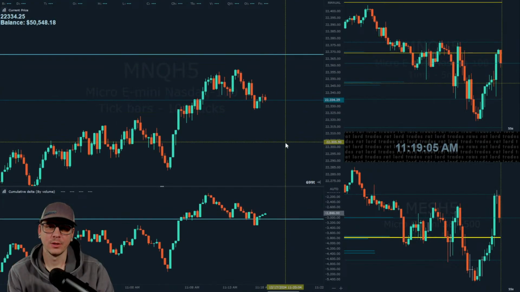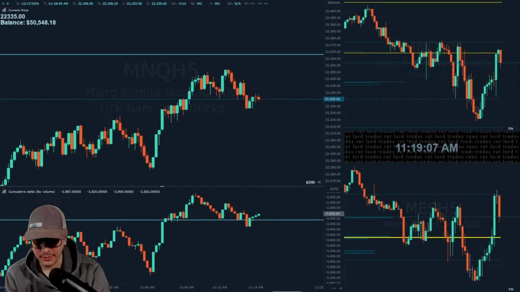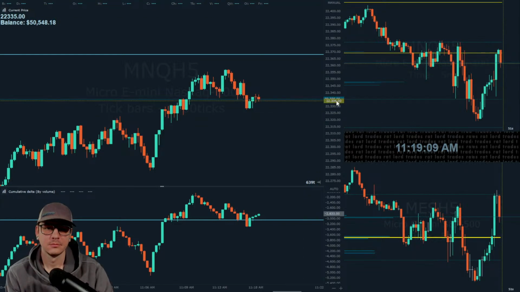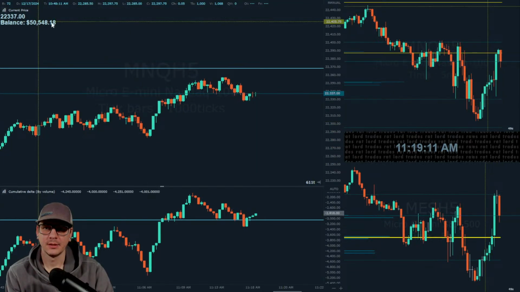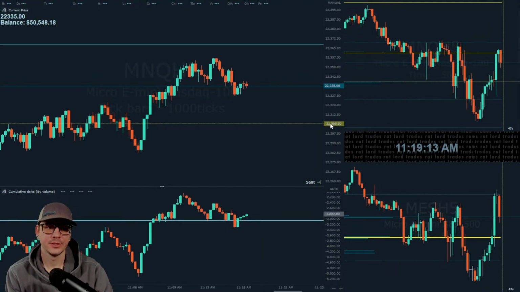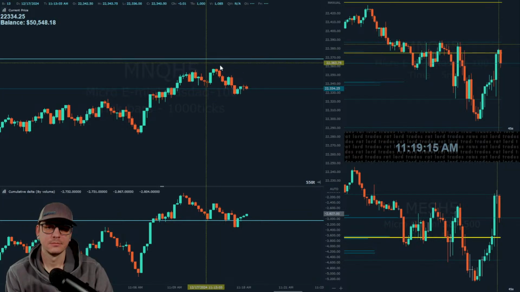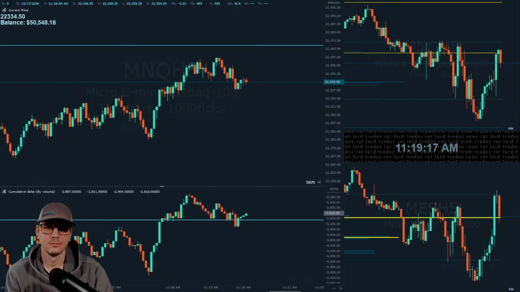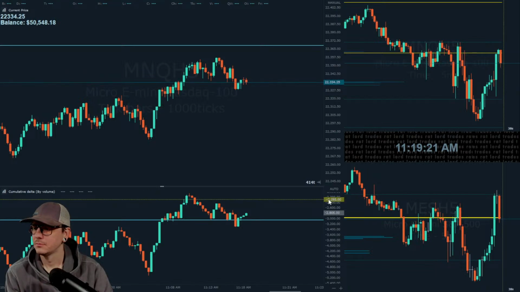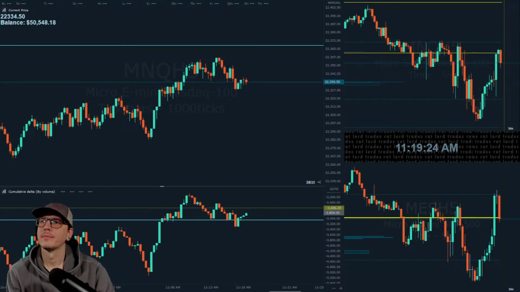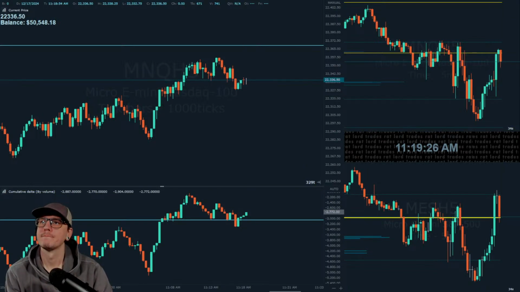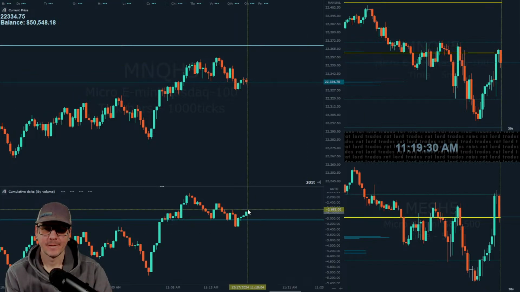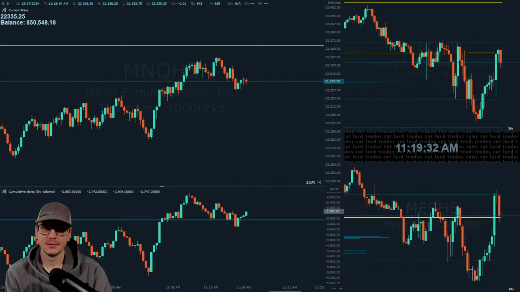I don't want to risk 40 points with 5 micros though. We got quite the buffer now. Look at all that buying and it's not going up.